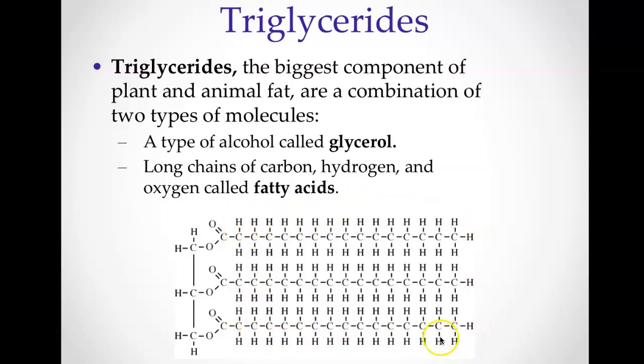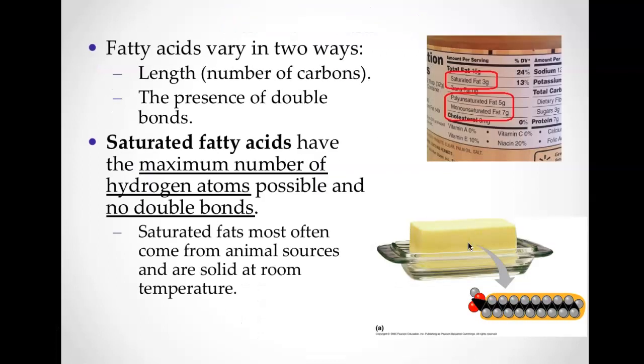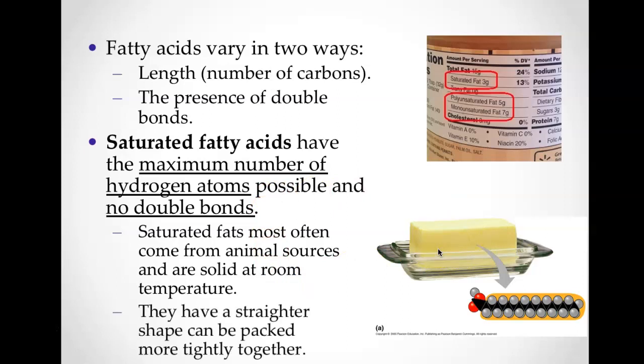As many hydrogens as could bond to the carbons as possible are there. That is a saturated fatty acid. A saturated fat is going to be solid at room temperature. An example would be lard or butter, my favorite. They have a straight shape, and so they pack together more tightly, and that's why they're solid at room temperature.